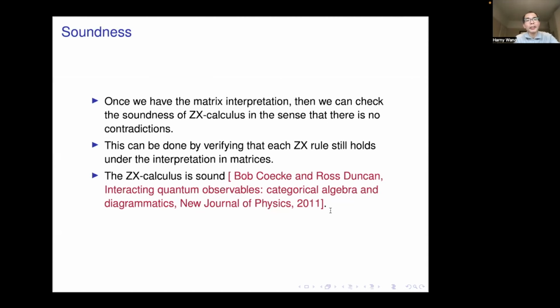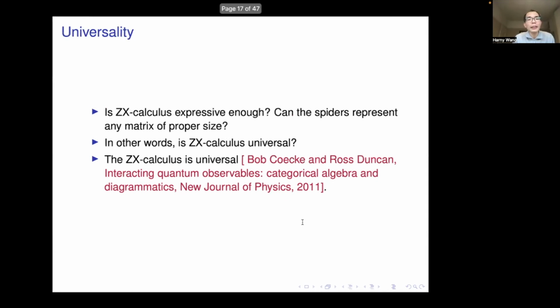Sound means there's no problem with those rules. If you interpret the diagram into matrices, there is no contradiction. This is proved in the first journal paper of ZX calculus, by the same authors, Bob and Ross. So it is easy to check the soundness.